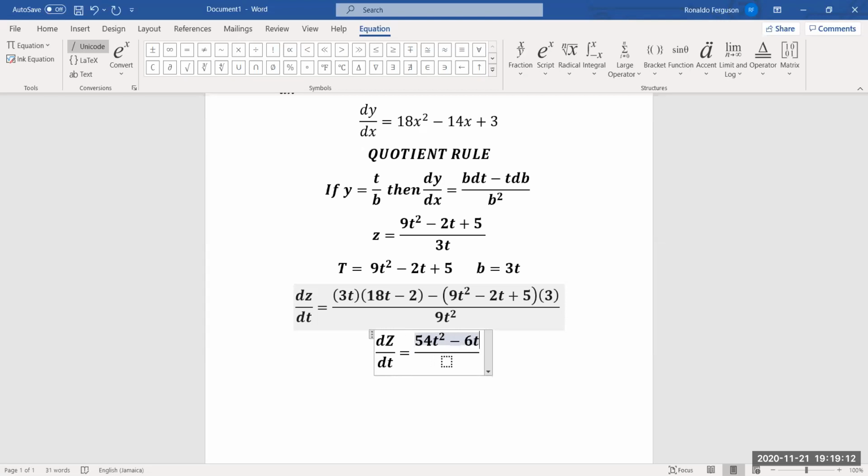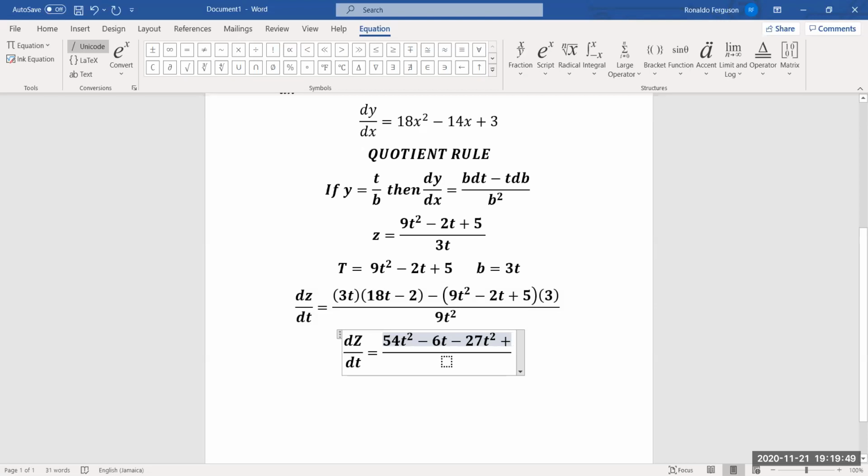And then minus 27t squared. Yeah, it's going to be plus now, because minus and minus give plus. Okay, but still it will work out to be plus now. So you're going to say now, plus what?